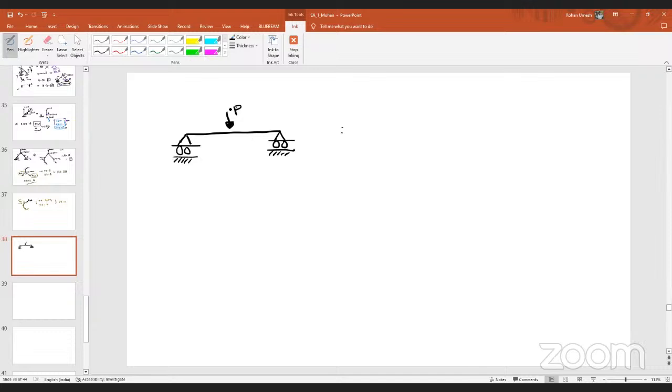As a vertical force is given, this force can be easily balanced by the vertical reactions at the supports. As horizontal forces are not acting here, there is no need to consider summation Fx equal to 0, waste of time. Why? Because as no forces are acting, why will you waste your time by considering the summation of x equal to 0?